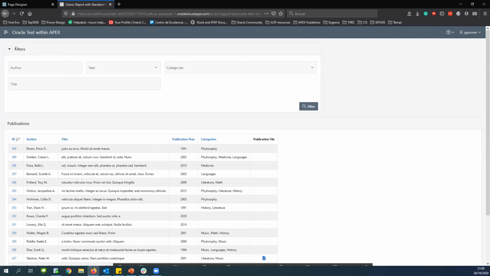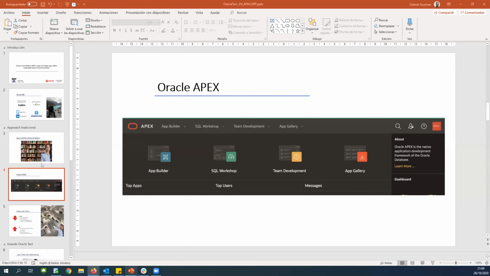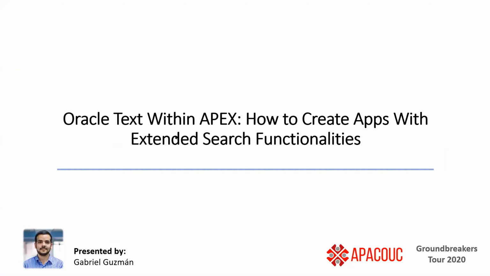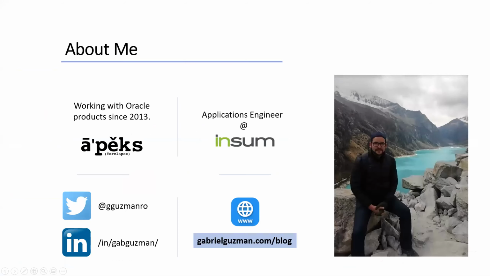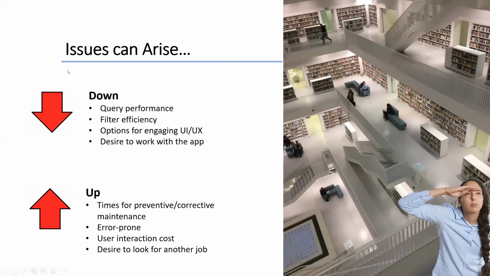So what happens with this classic approach, or what are the issues that we can find? The issues that we can find is that query performance can be highly impacted, because once you start augmenting the table, augmenting the amount of information that you want to have available in your application, you probably will need to also increase the amount of filters.